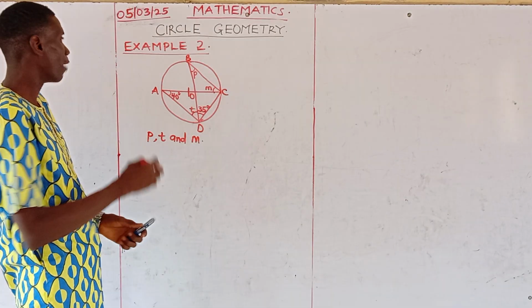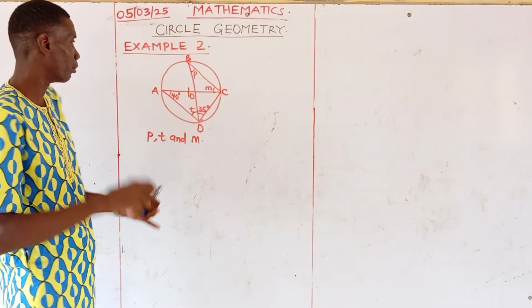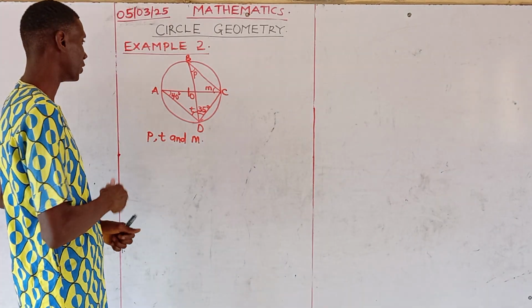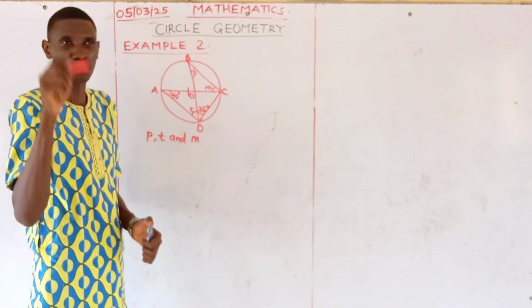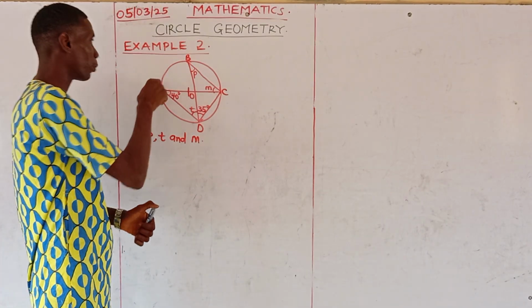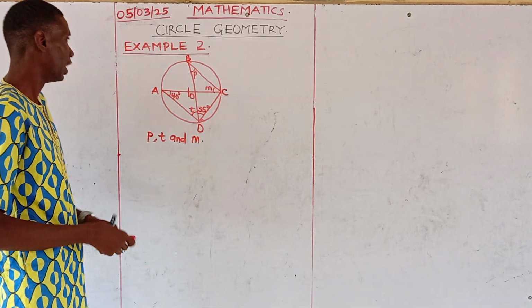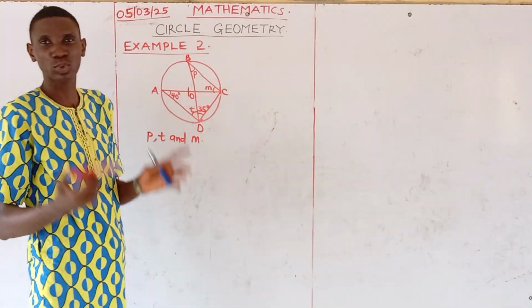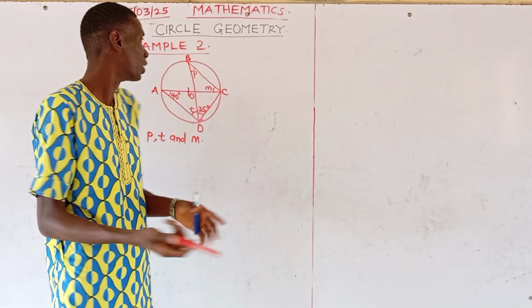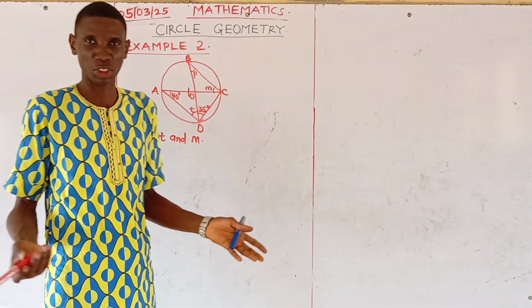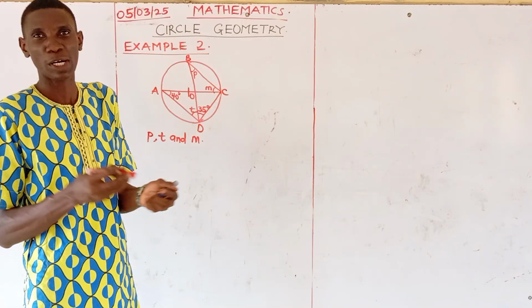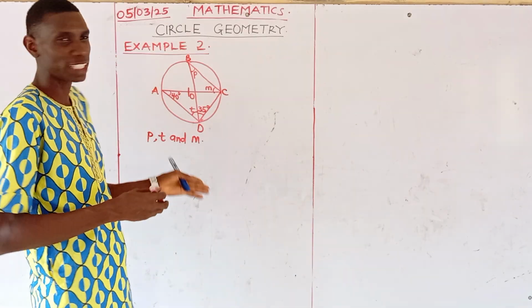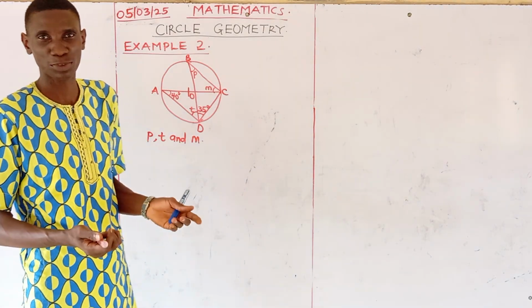It is now left for you to sift them out. Which one is the appropriate theorem for the chord? If you check it, you will see that there is a particular chord producing 2 angles. This is telling you that theorem 3 is present in this question. That is how you identify your circle geometry. When you are able to identify, it becomes easier to solve.